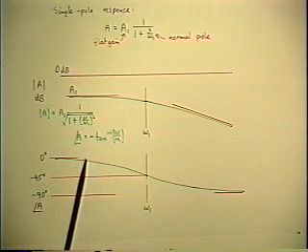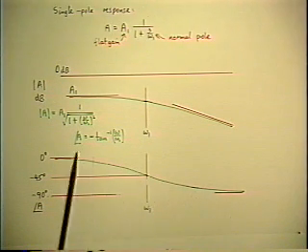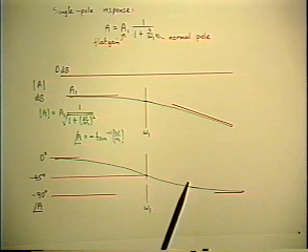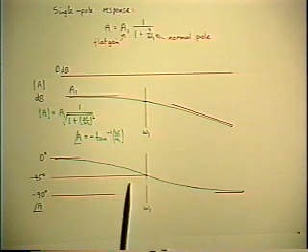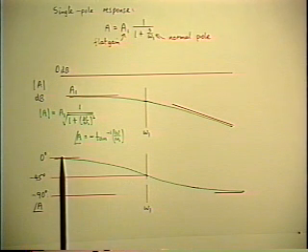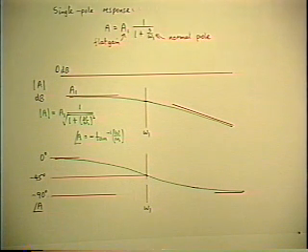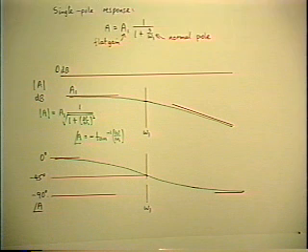But obviously we would still like to select a straight line approximation or a straight line asymptote that would represent how the phase function changes from 0 to minus 90. But we have to invent one.